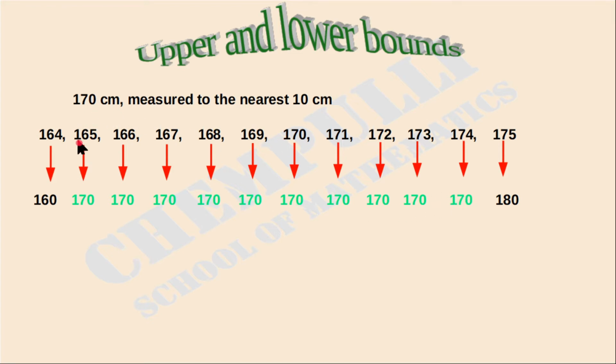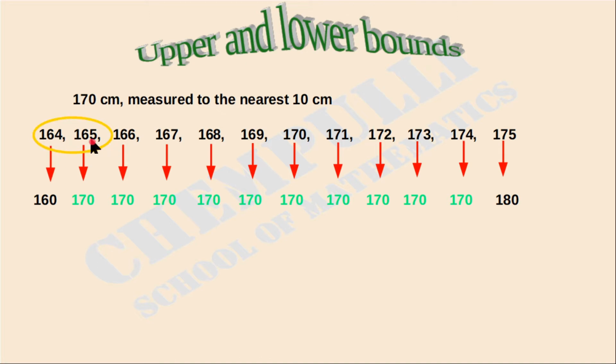That means for all these values, 165 to 174, we got 170. Then for 164, the other value, we got 160, and for 175 we got the value 180.